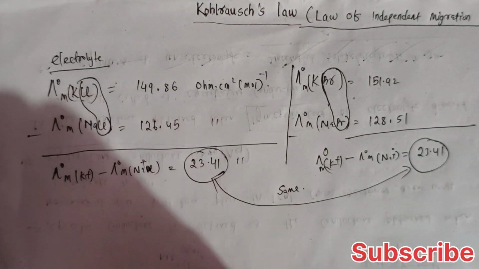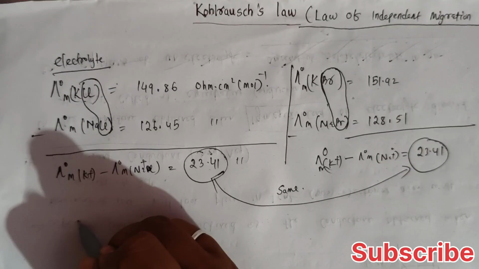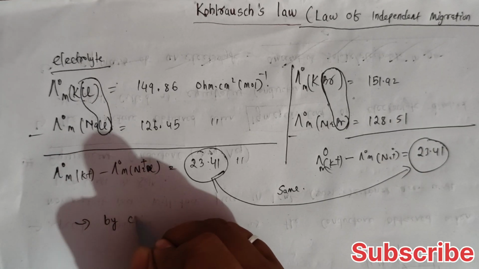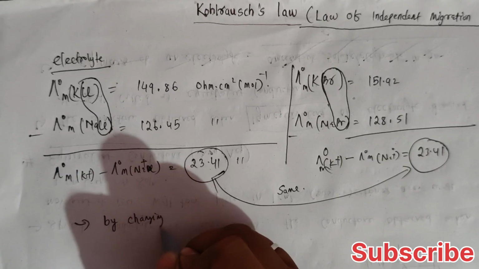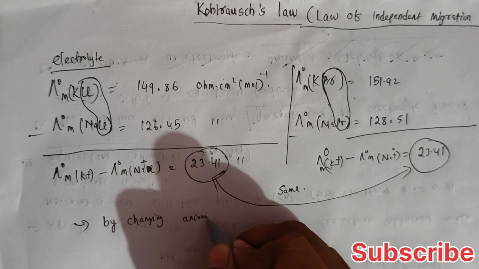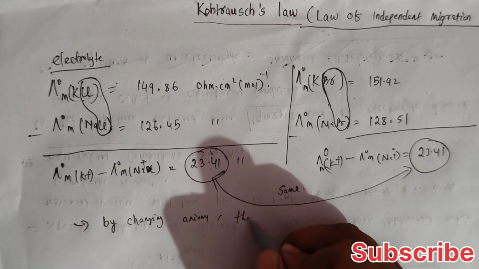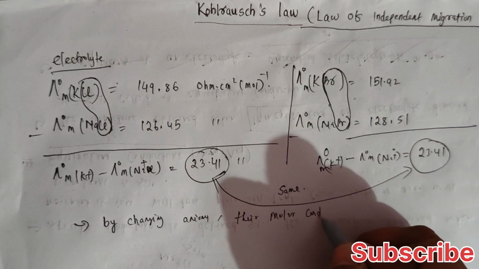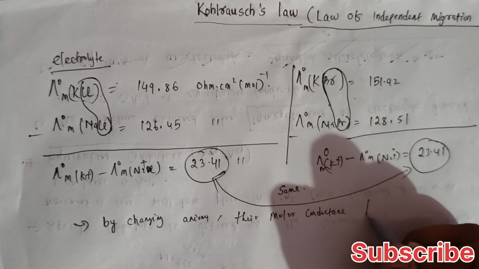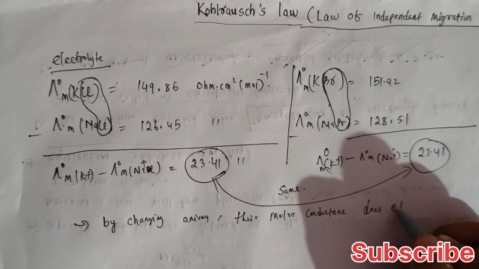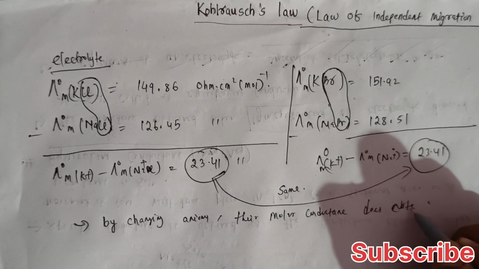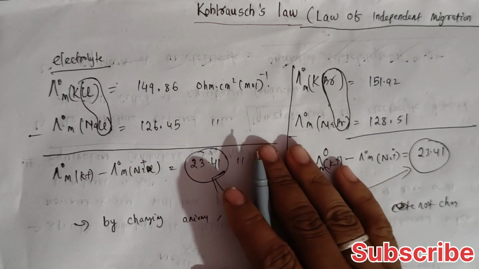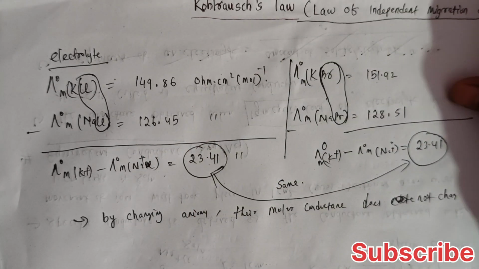That means one point is clear: by changing anions, their molar conductance does not change. Clear? Yes or no? Very simple.